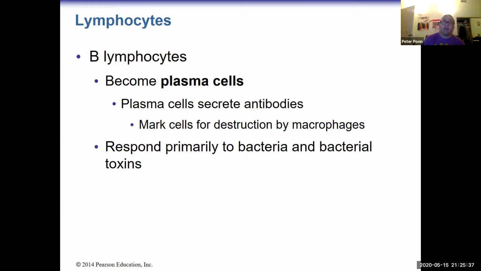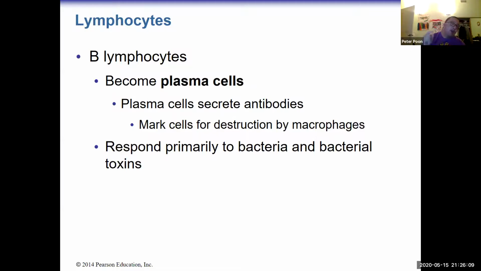The B cells, or B lymphocytes, they actually attack the fluid. So the blood, the lymphatic fluid, the external lining of the intestines, like fluid. So plasma cells secrete antibodies. These cells mark cells for destruction by macrophages. They respond primarily to bacteria and bacterial toxins.